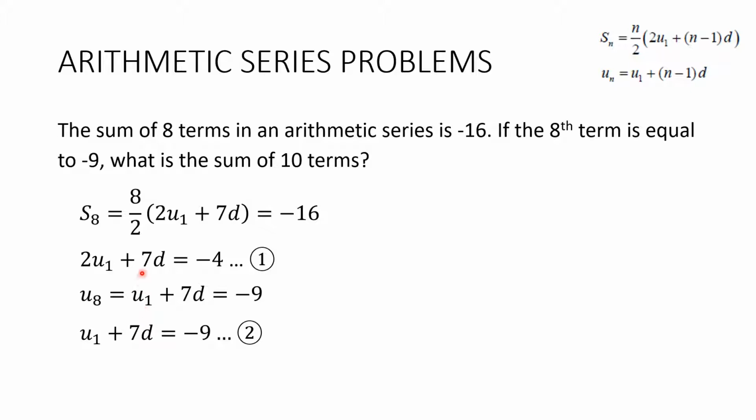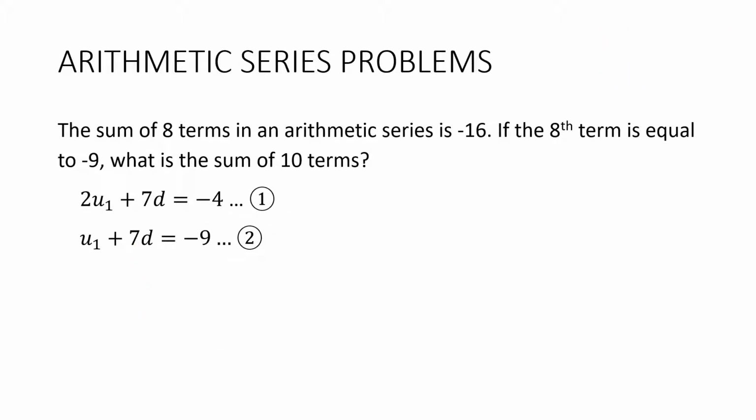What we can do here, just looking at these two, if I subtract this one here from this, the D's will cancel out. So subtract, I get U1 is equal to 5. Substitute it back into either one. 5 plus 7D, I've gone into here, is equal to negative 9.